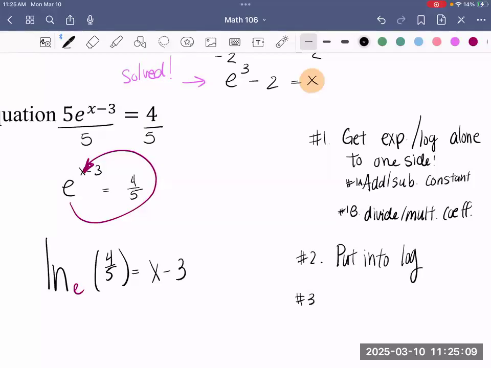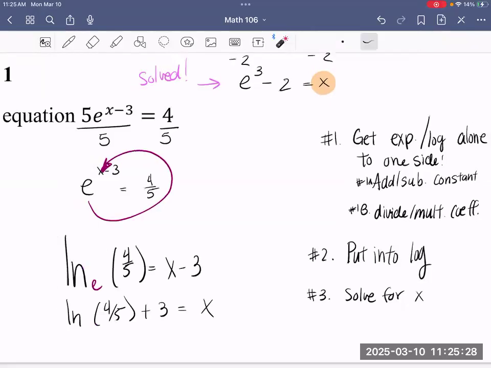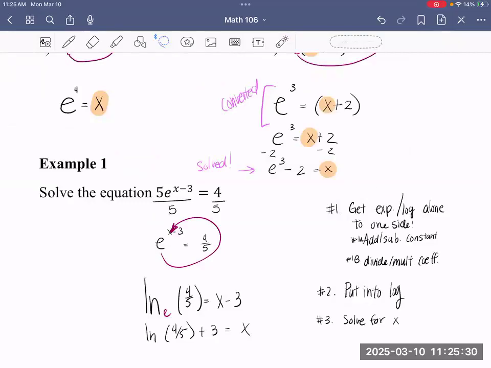And then step 3 is to solve for x. ln of 4/5 plus 3 is equal to x. We're going to do it one more time with example 2, just by copying these ones down.